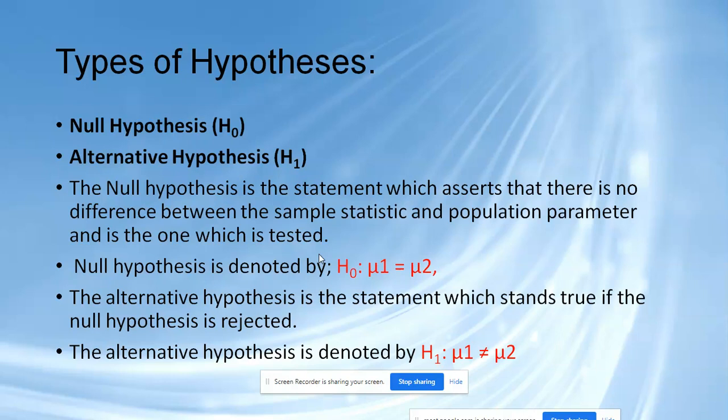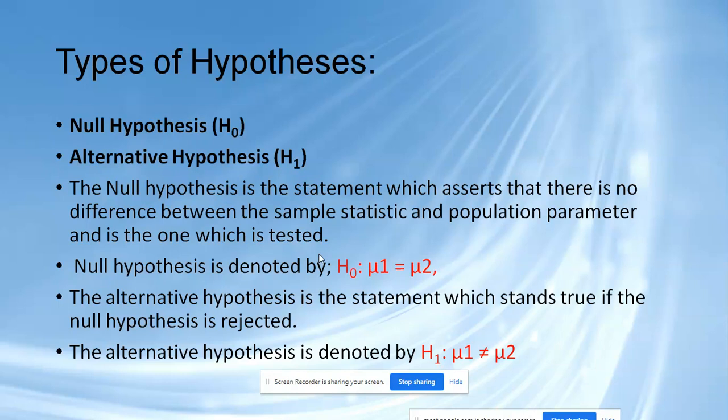Different means that mu1 can be greater than mu2, or mu1 can be less than mu2. Whenever it is equal, it is called the null hypothesis, and whenever it is not equal, it can be less than or greater than, and these two cases are called the alternative hypothesis.